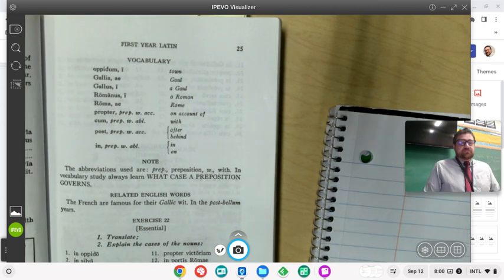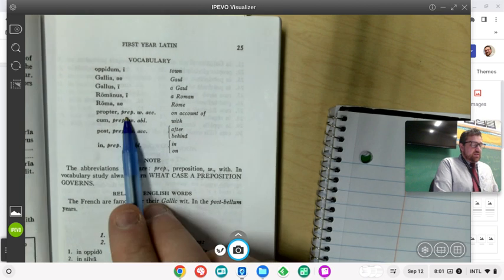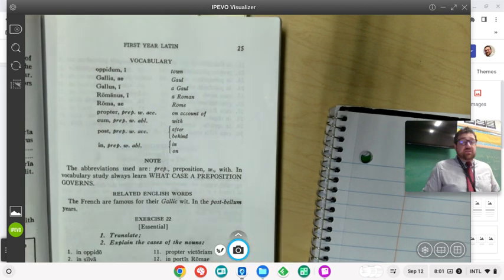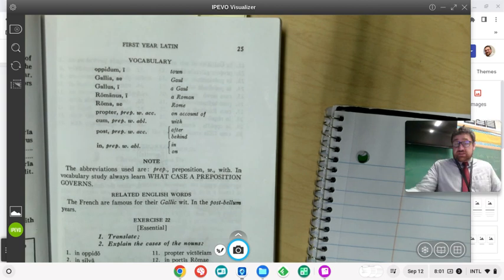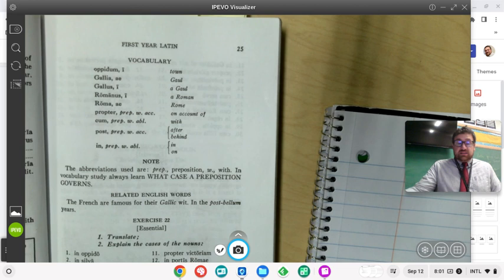Now there's a rule. Propter is a preposition with the accusative. That means that when we say because of something or on account of something, that something needs to be put in the accusative.